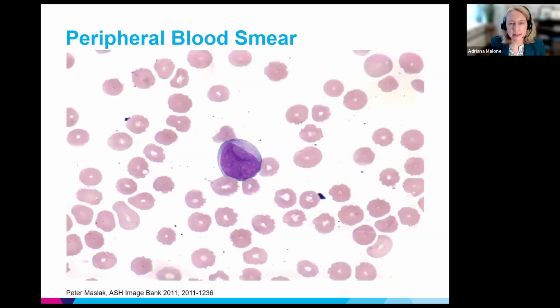Here is a representative peripheral blood smear, and we see one singular large immature cell with a high nuclear to cytoplasmic ratio and evidence of a thumbprint in the nucleus.